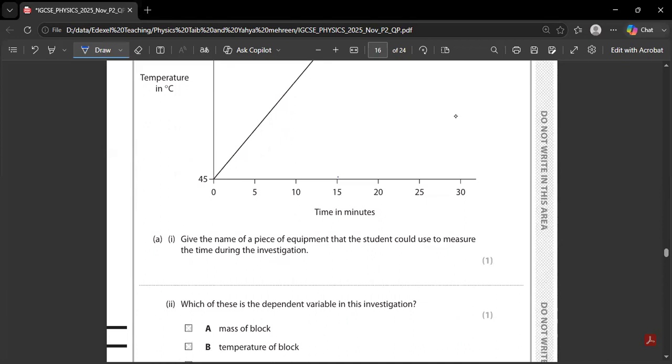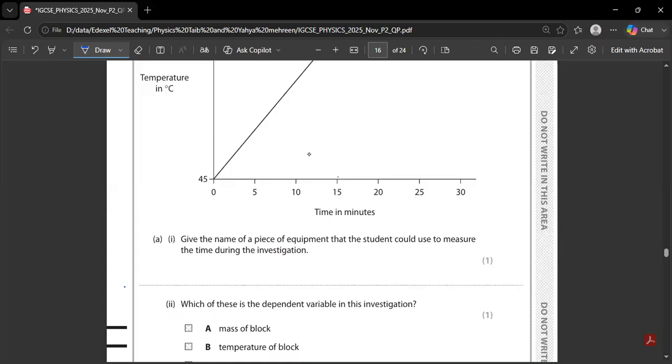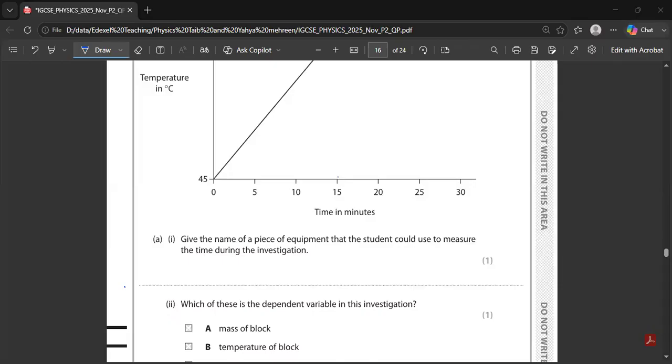Give the name of a piece of equipment that the student could use to measure time during the investigation. I think it's a very simple question. What could be the answer? Stopwatch. Yes, it's stopwatch.